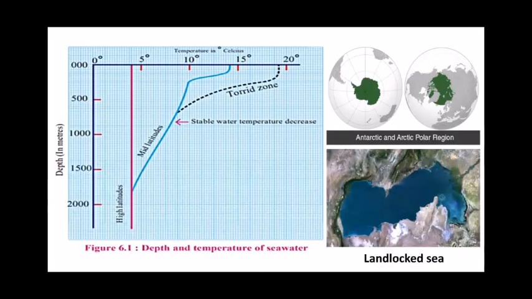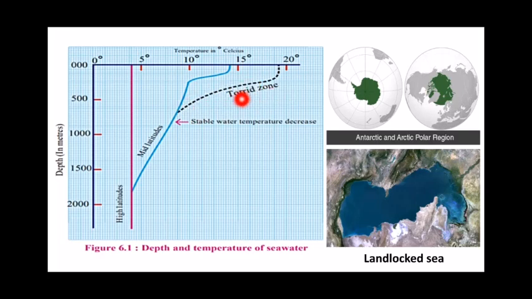Now children, in front of you, you can see a graph. In this graph, it is showing the depth and temperature of sea water. Towards your left hand side, you can see the depth, that is the deepness of the ocean from 0 to 2000, and on top you can see the temperature, that is 0 degree, 5 degree, 10 degree, 15 degree, and this dotted line is the torrid zone.